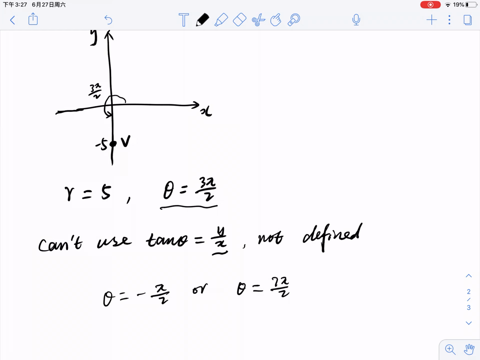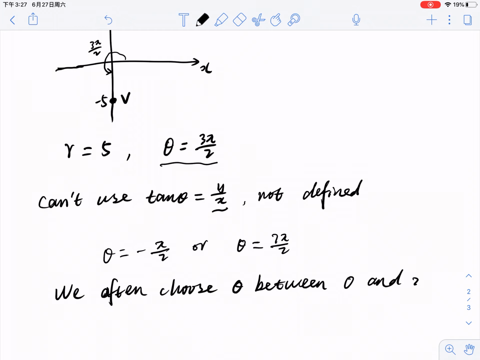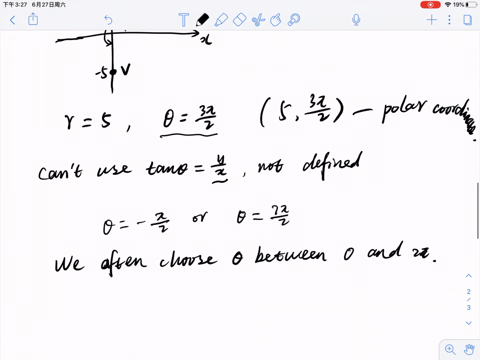However, we often choose theta between 0 and 2 pi. So in this example, we choose 5, 3 pi over 2 as its polar coordinates.